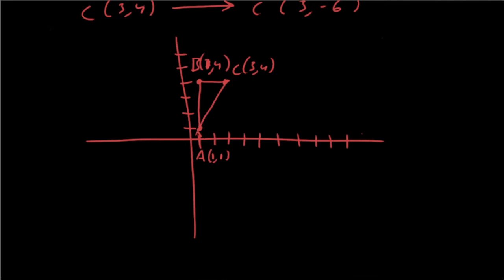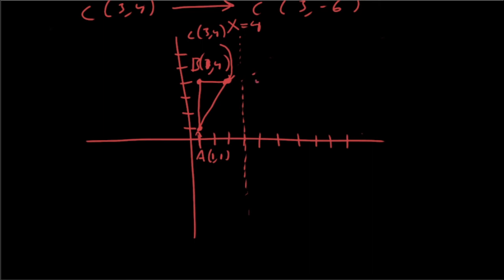So we want to reflect it across x equals 4. C is 3, 4, and it's right here. We want to do a reflection, so same distance, but now the y's stay the same.